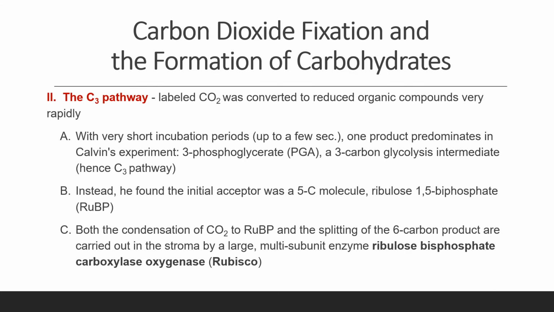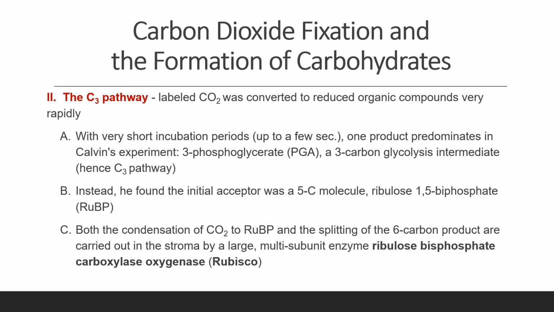Okay? So this is actually condensed with carbon dioxide to produce a 6-carbon molecule, or 2 molecules of PGA, where one contained a recently added carbon atom. So both the condensation of carbon dioxide to RuBP and the splitting of the 6-carbon product are carried out within the stroma by a large multi-subunit enzyme, ribulose bisphosphate carboxylase oxygenase, or what is commonly known as Rubisco.